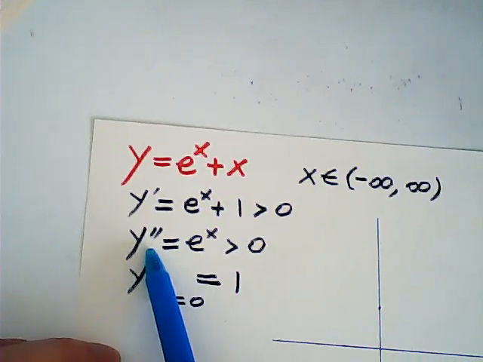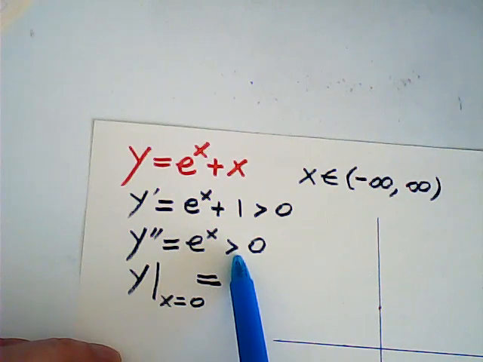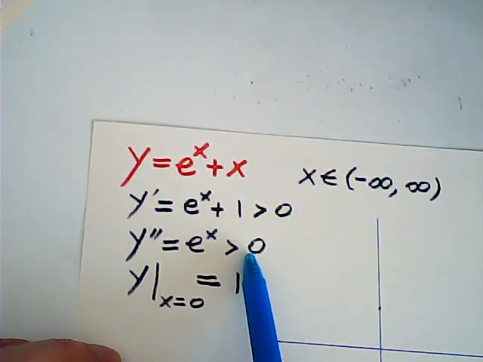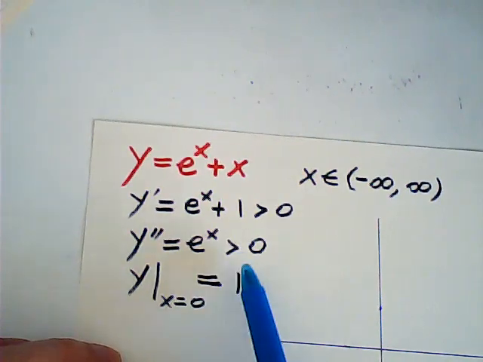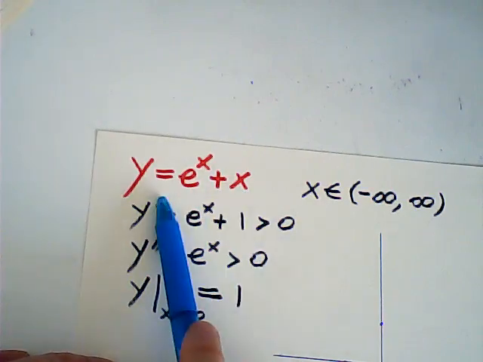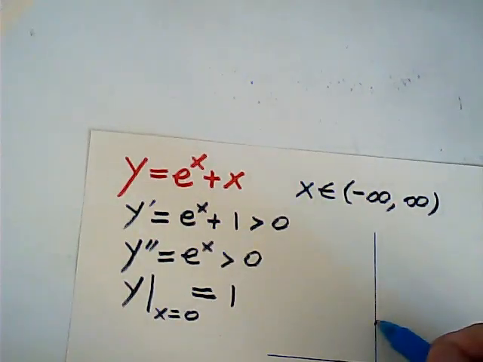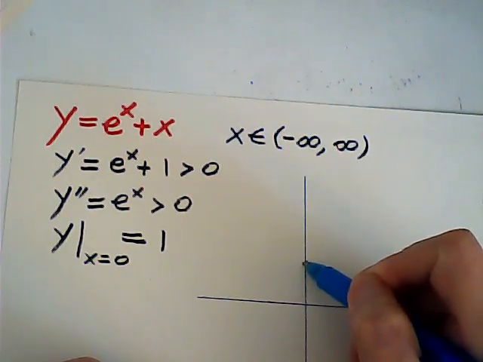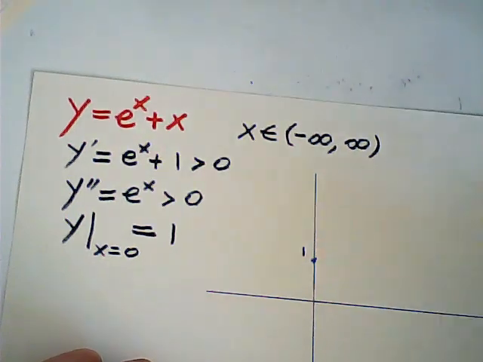Now the second derivative is e to the power of x, which is always positive. Now at 0, y is equal to 1. So this is the point the curve passes through.